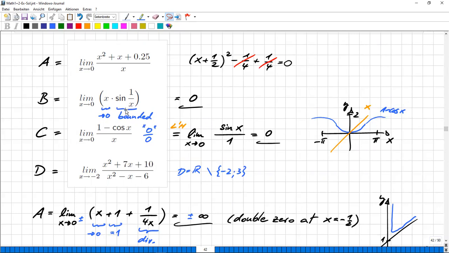The difficult part is this sine of 1 over x. Because taking the reciprocal here and then applying the sine function means that you have an extremely non-linear distortion applied to the periodic, well-known sine curve, right?